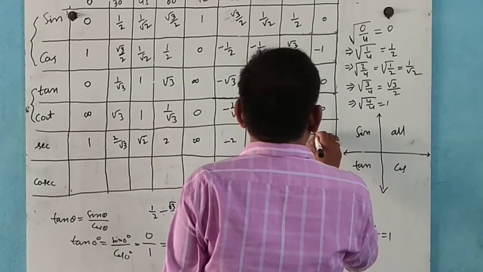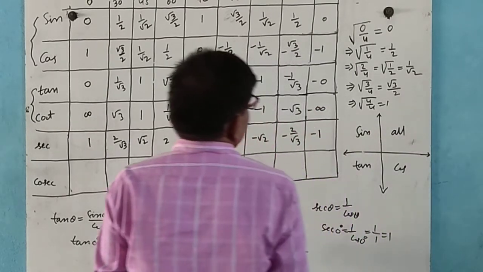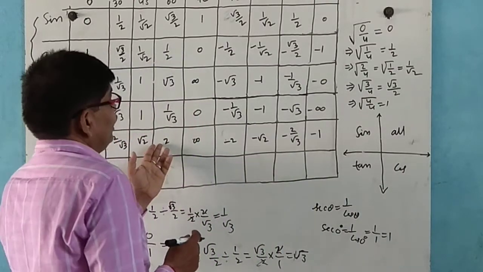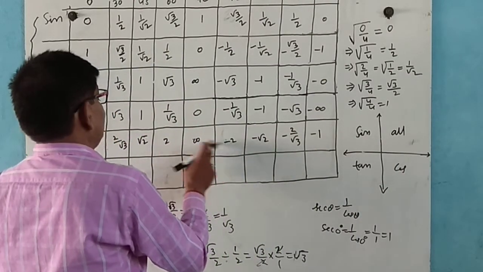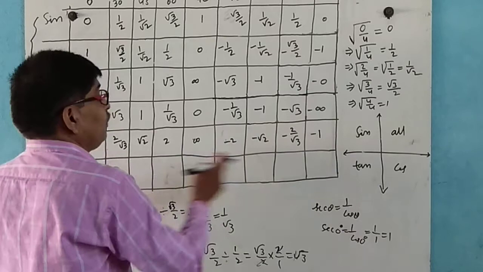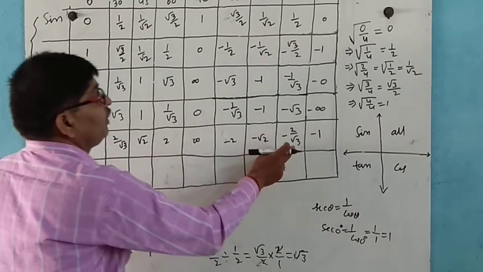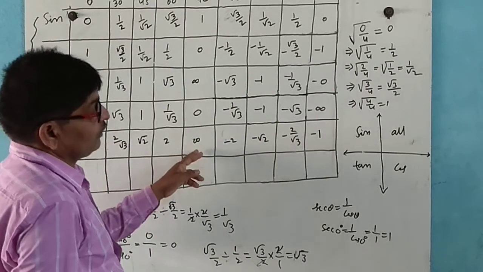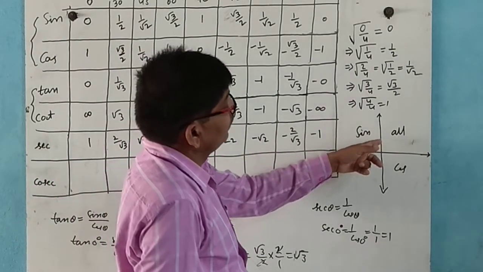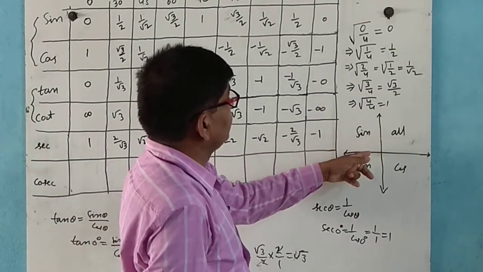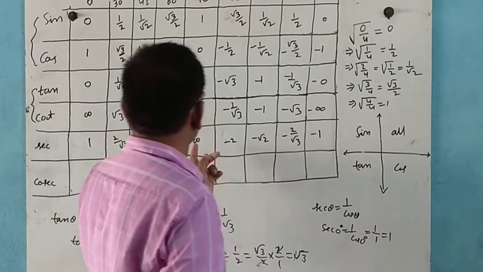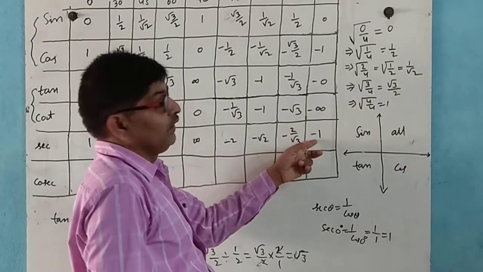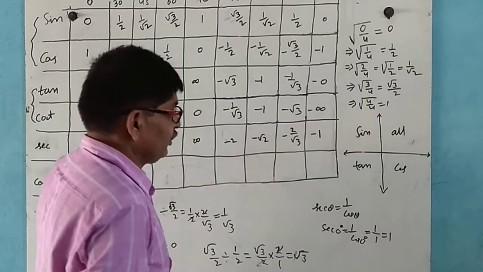This is equal to minus 2. Transposing here: minus 2, root 2, 2 by root 3, and 1. The values of sec from 90 to 180 degrees are negative, so the values of these are negative.